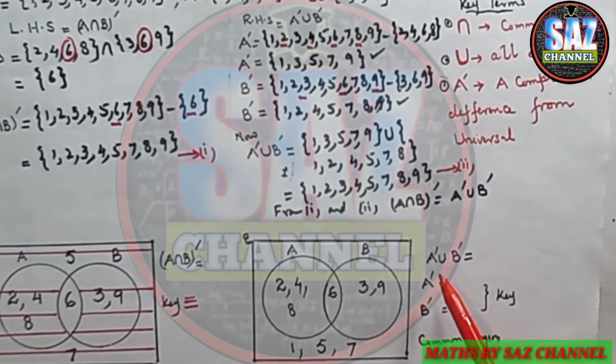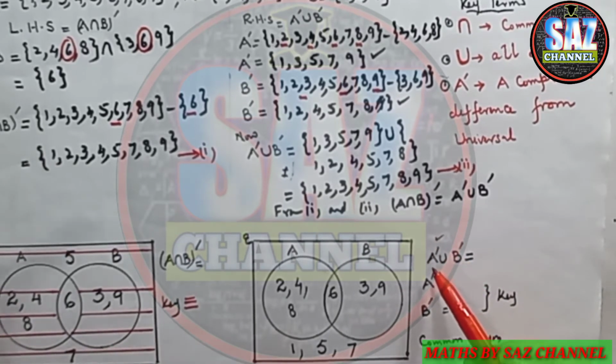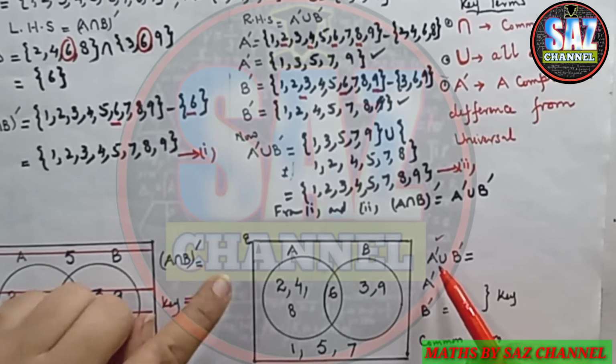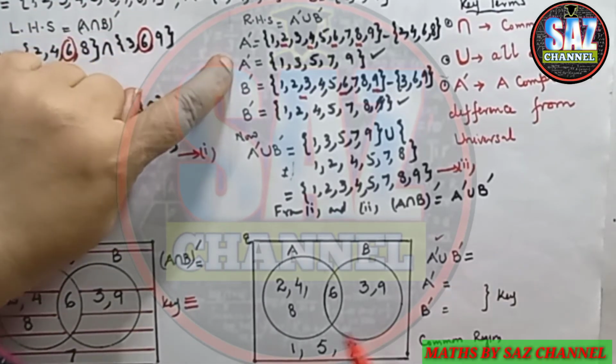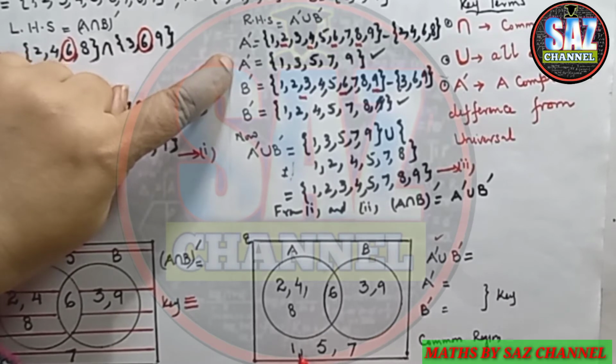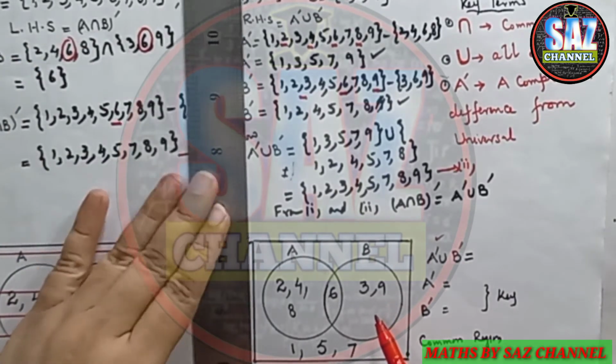Here we have to shade the diagram in two steps. First of all, I have to mark A complement, that is universal minus A. If you look at the answer of universal minus A, that is A complement, it's holding the elements 1, 3, 5, 7 and 9. We can see that set A is not coming in that portion.